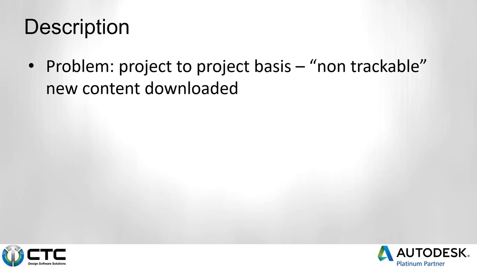So the problem on a project-to-project basis is the task of getting content that's catered towards your project, regardless of it being based on geometry, electrical connectors, or anything calculating or analytical. We have all run into this where we've started a new project. We potentially have the MEP starter project that we're starting with, and sometimes we need to download a new piece of content to add, as well as schedule properly.